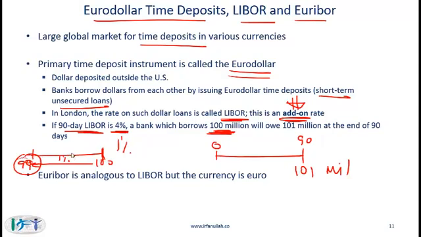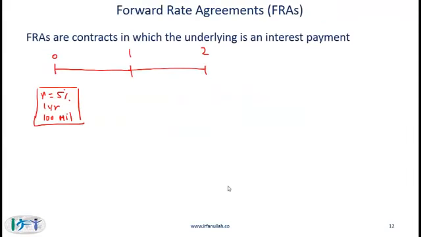So with T-bills, we have a rate which is a discount rate. With LIBOR, the rate is an add-on rate. And as a general point, just like we have LIBOR, which is for dollars, if we talk about the euro market, then Euribor is the rate which is analogous to LIBOR, where the currency is the euro.